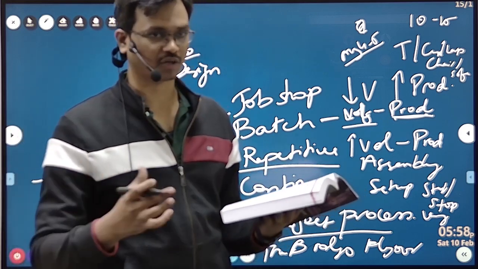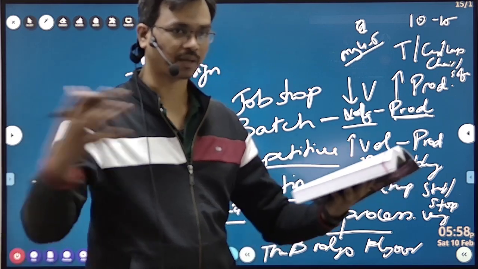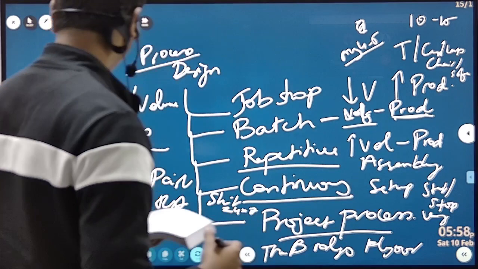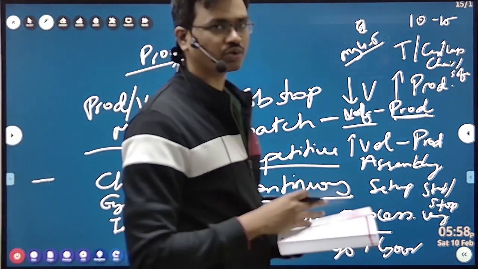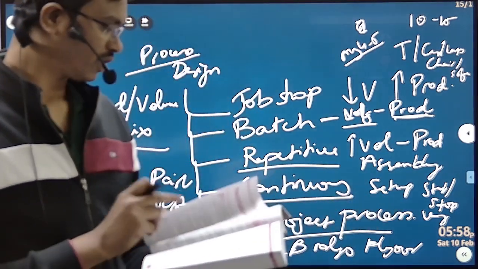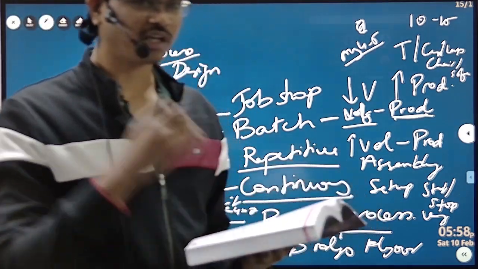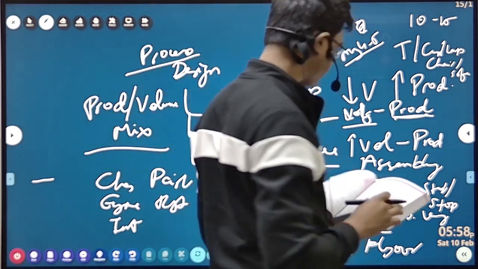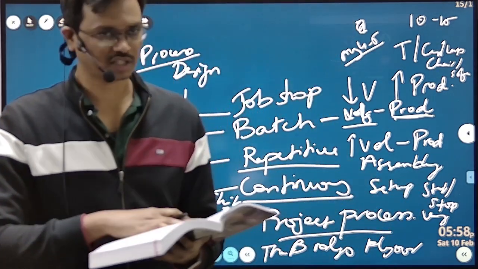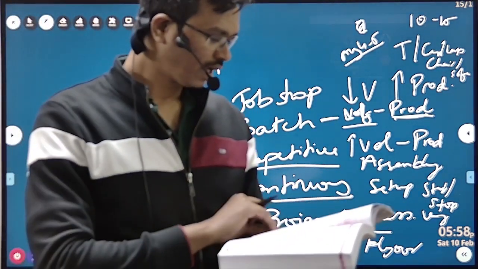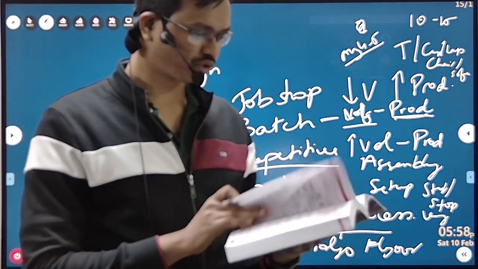You cannot move the ship around, so that will be fixed and all of your things will come and get assembled, right? So this is the same repeat of that. So you go through this lesson on your own. Sections 3.4 and 3.2 you have to study. It is simple. He just talks about the process layouts and the same thing which we have discussed in unit 2. Have a read, and if you have any questions, let me know.